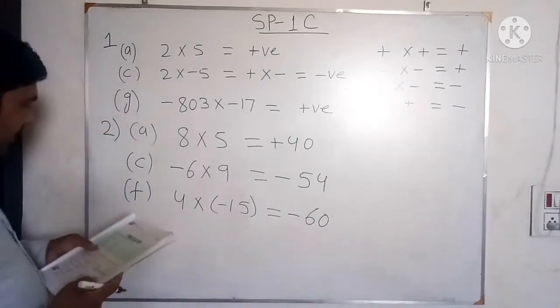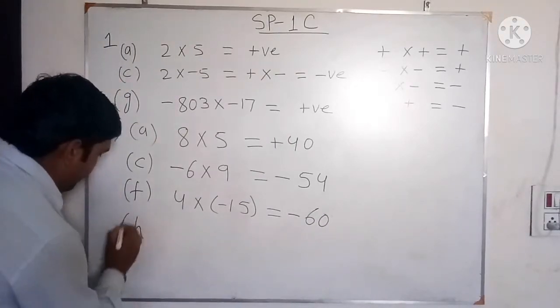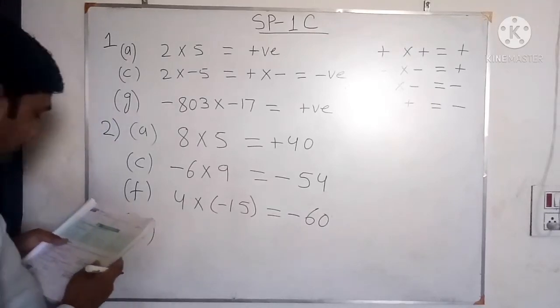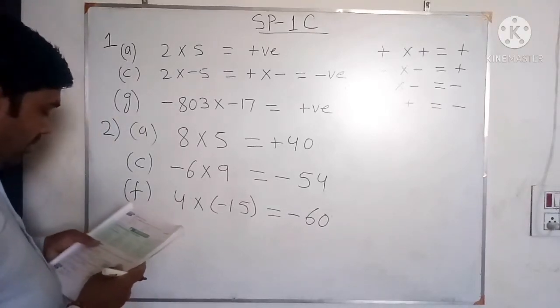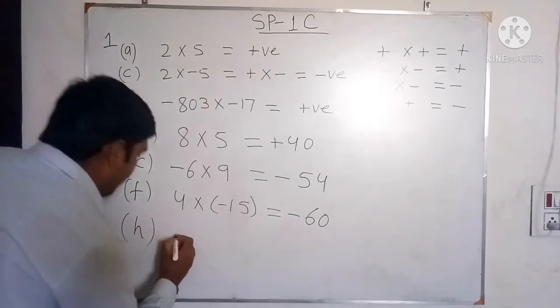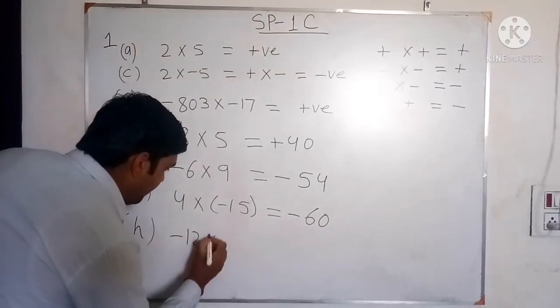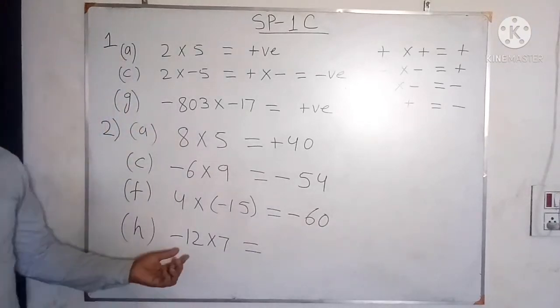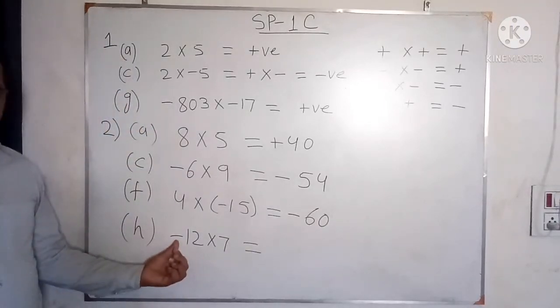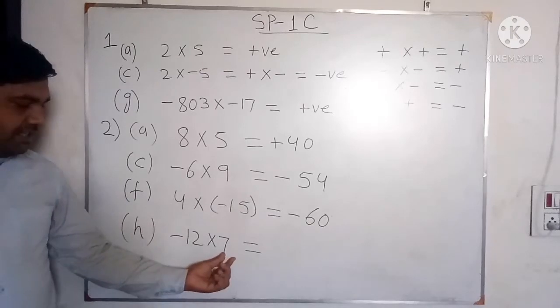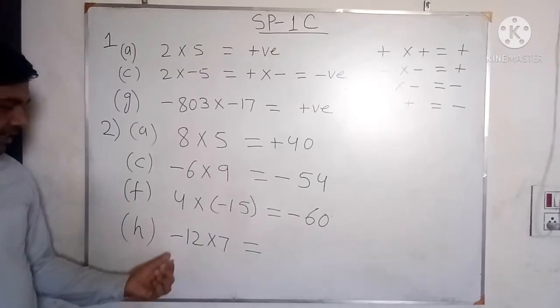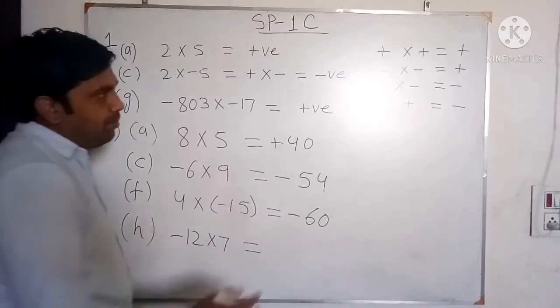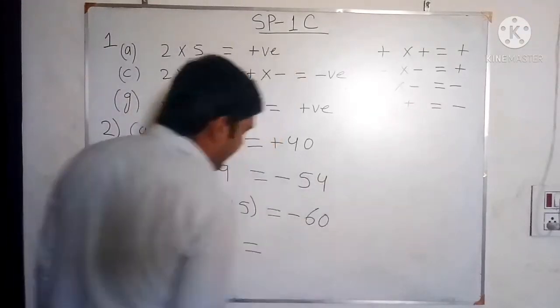The last question is H. In H you see what we have to do. Minus 12 multiply 7. The sign of the integer minus 12 is negative, and the sign of the integer 7 is plus. First you multiply their signs, minus multiply plus, which is minus.